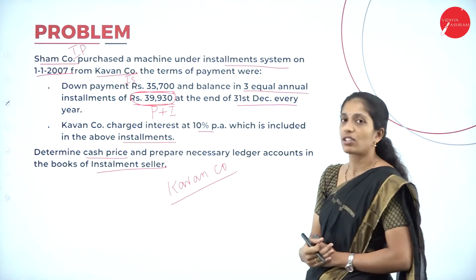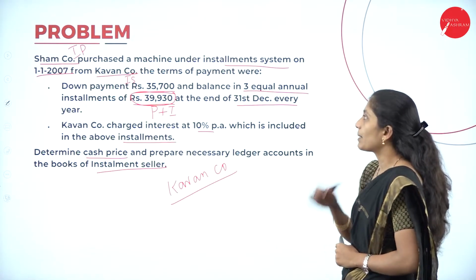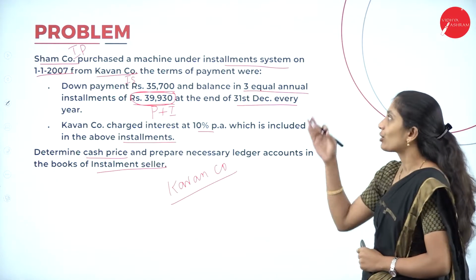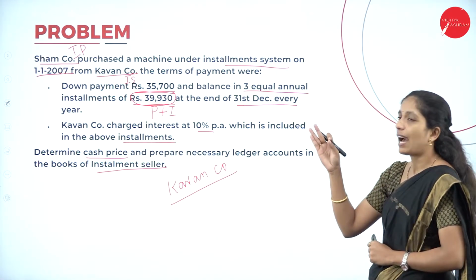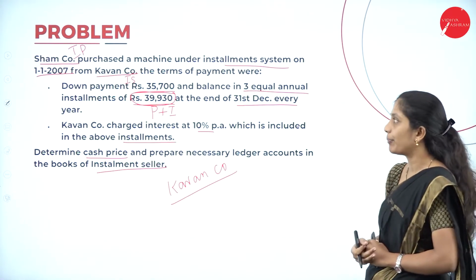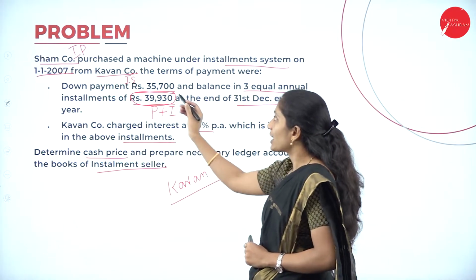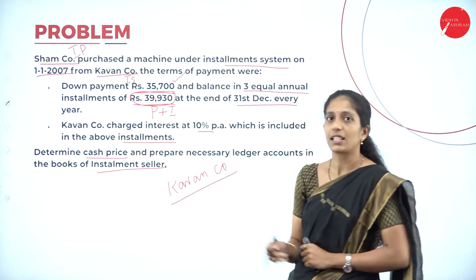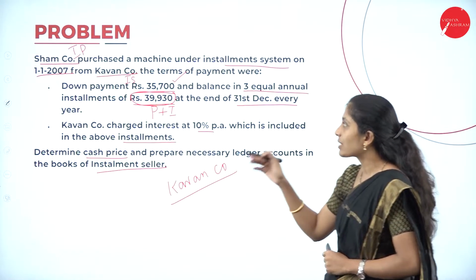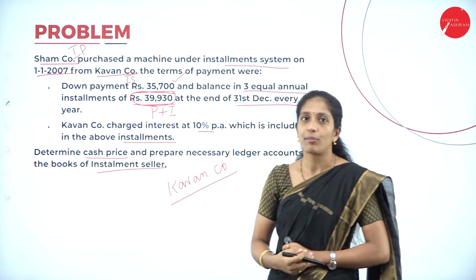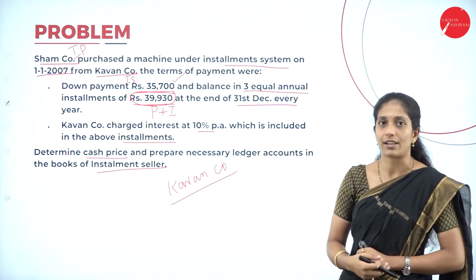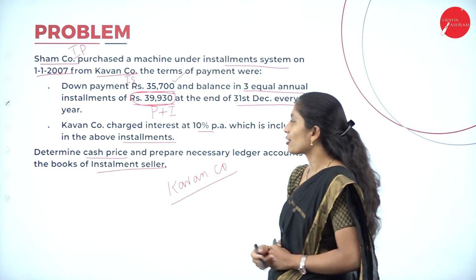So installment purchaser is Sham company, installment seller is Kavan company. So here installment purchaser has purchased a machine from Kavan company. Now they have not given the cash price of the asset, but they have given the down payment, that is 35,700. Next they have given the installment amount which is inclusive of interest. So how much? 39,930.